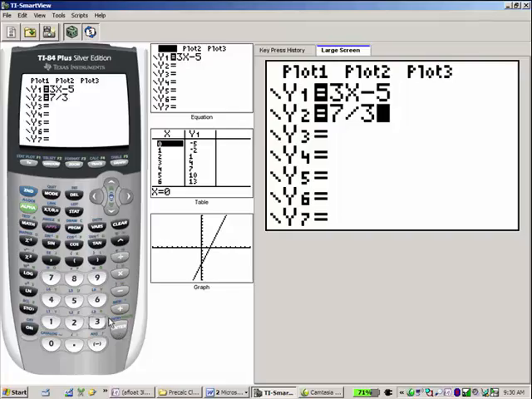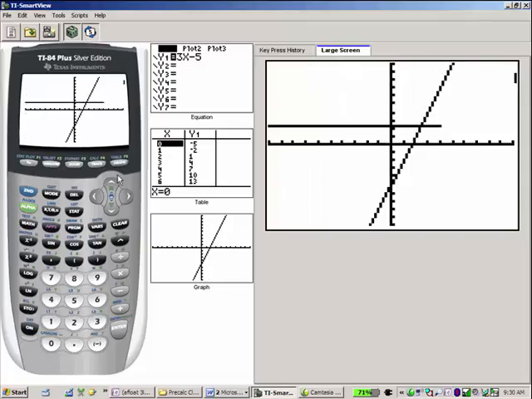In this case, you don't have to, but you can never be too cautious with parentheses, so 7 divided by 3 is the same as parentheses 7 divided by 3. All right? And if you graph this, really you're asking yourself, when is this equal to that. Right there.